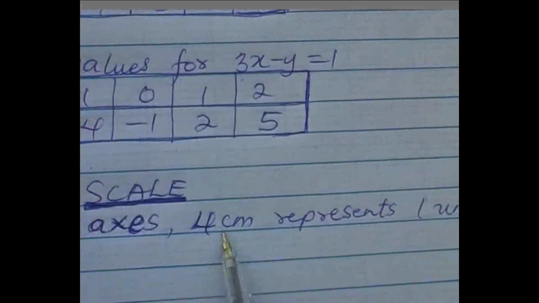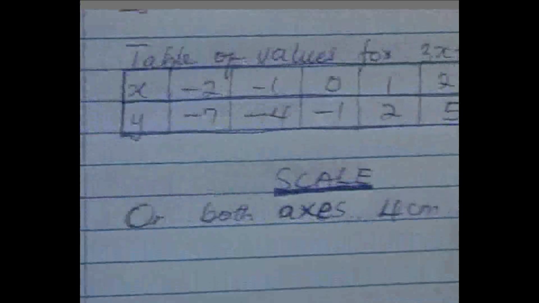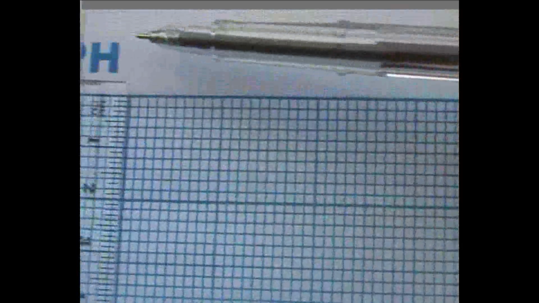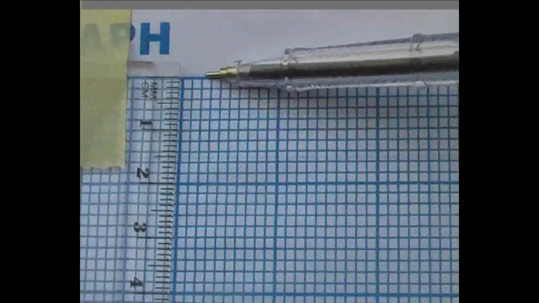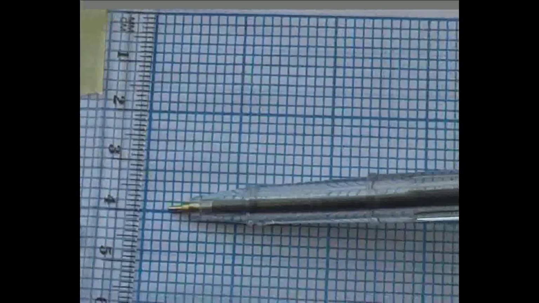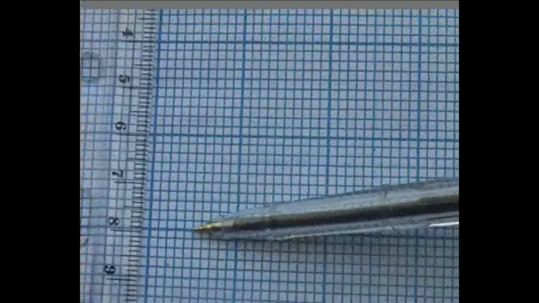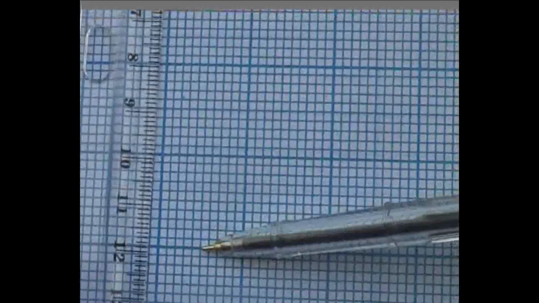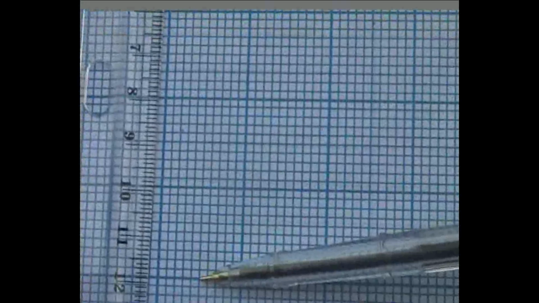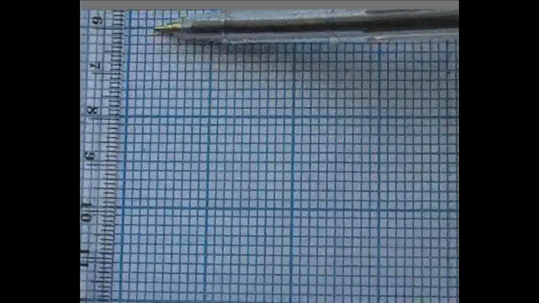Now, why we chose that 4 cm will represent 1 unit is that from here to here, we are going to have 1. From here to here, we're going to have 2. From here to here, we're going to have 3. So in between every 4 centimeters, we're going to have 1 unit.